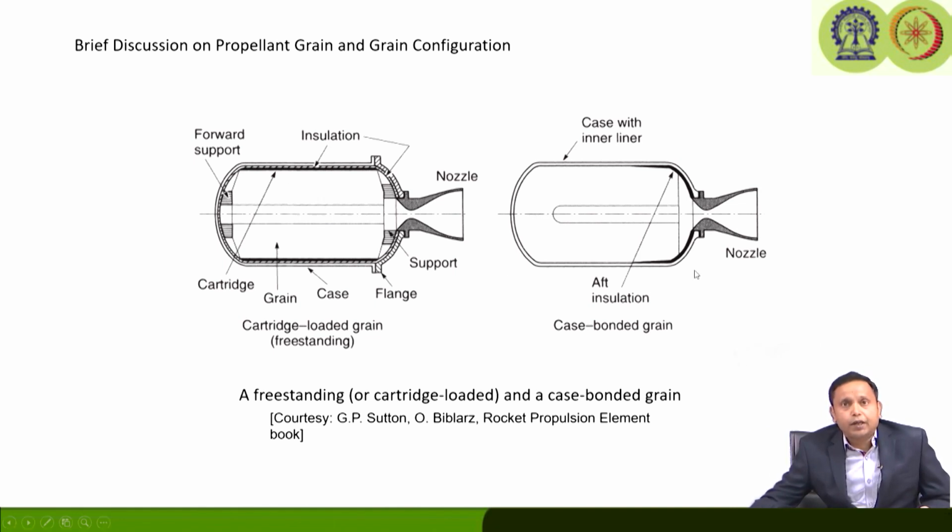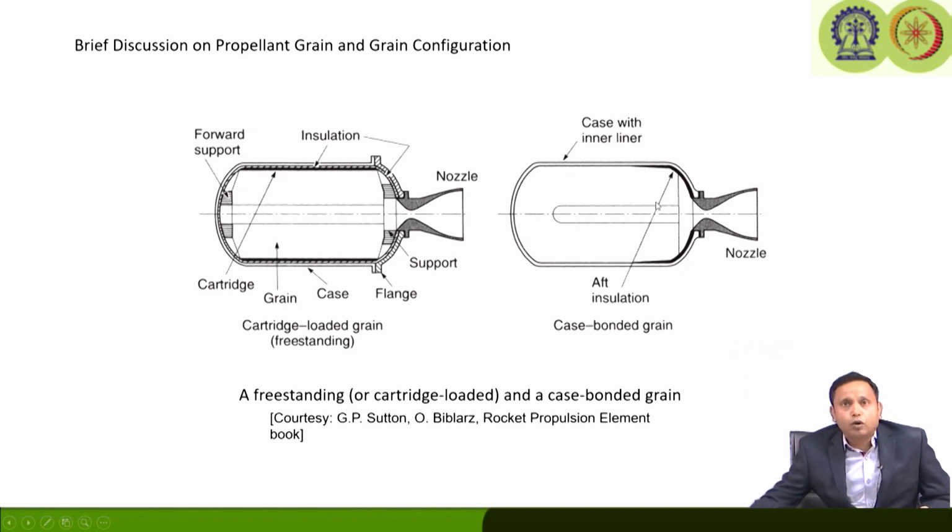But in the case of a case bonded grain, the grain is processed directly into the motor casing itself. I mean to say that the propellant ingredients are mixed and poured directly into the motor casing, and the casting process takes place within the motor casing itself. So, the whole process of casting and curing is done within the motor casing.